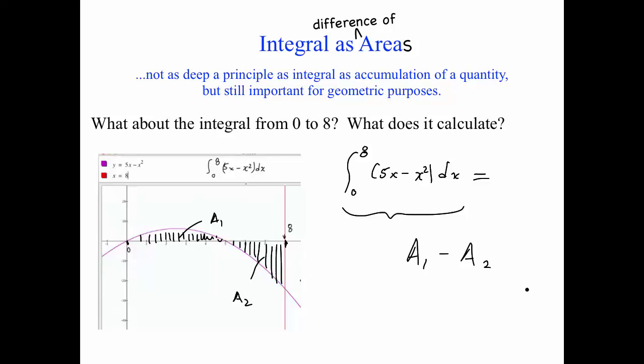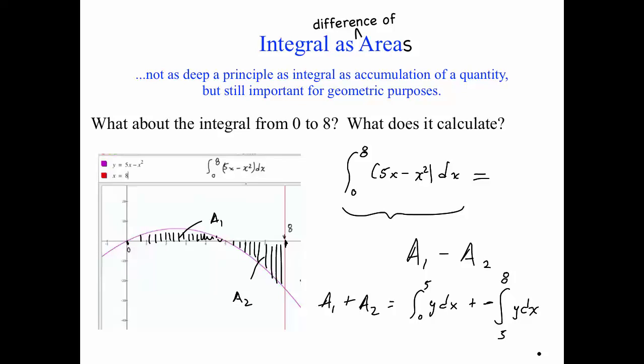So if we wanted the total area, what would we have to do? If we wanted the total area, A1 plus A2, we'd have to split this up and go from 0 to 5, that first one we did, plus the opposite of the integral from 5 to 8. Because that integral will be negative.